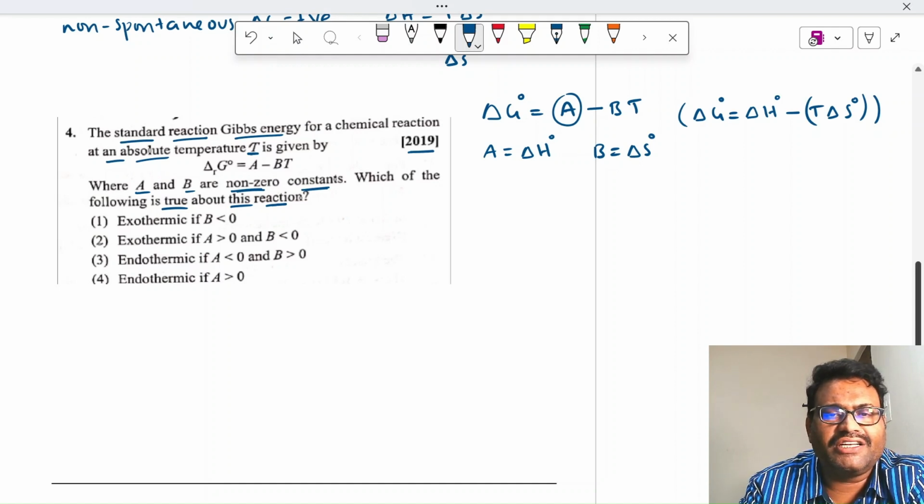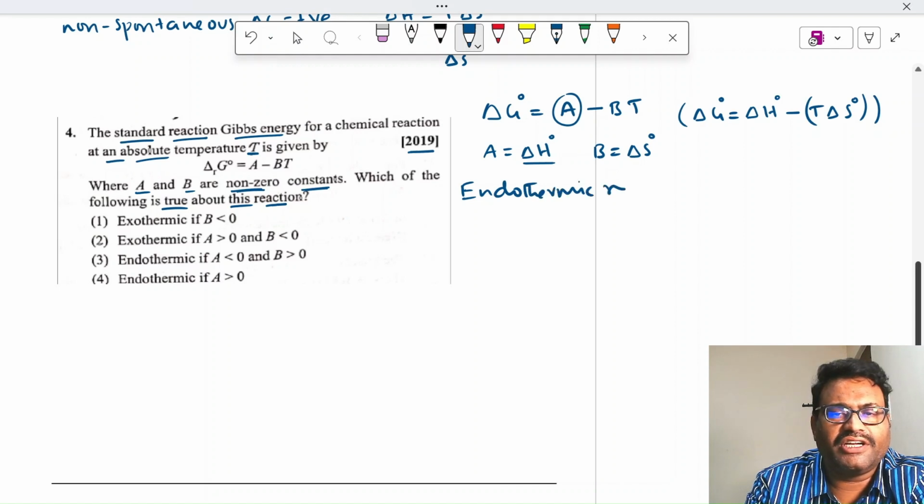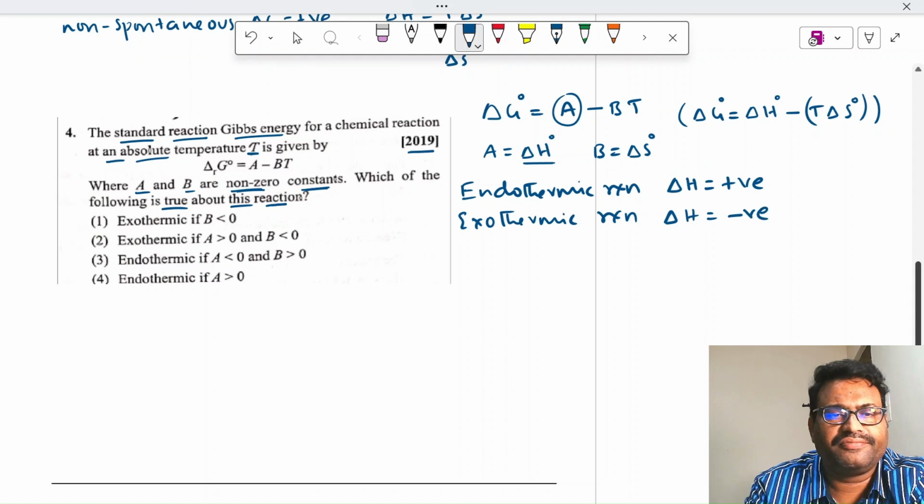So whether a reaction is endothermic or exothermic, who will decide it? Delta H will decide it. So for an endothermic reaction, generally delta H will be positive. For an exothermic reaction, delta H is negative.